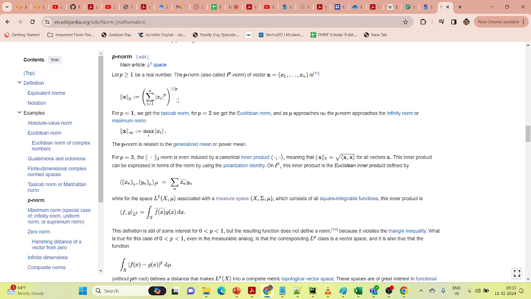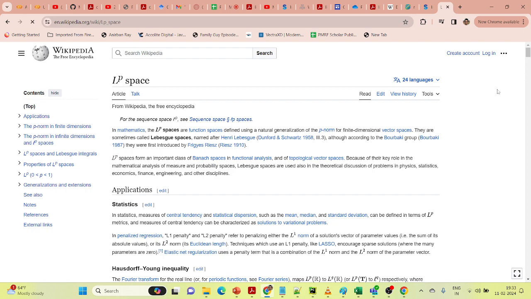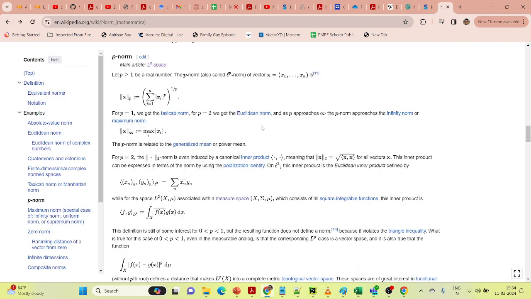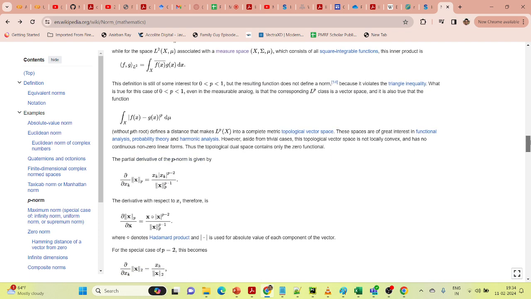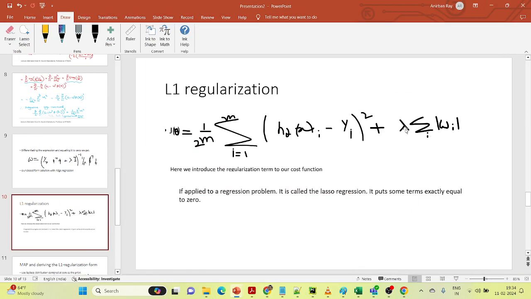For p equals 2, we get the Euclidean norm, the L2 norm. For p equals 1, you get the L1 norm, that will be the mod, lambda times mod of wi.